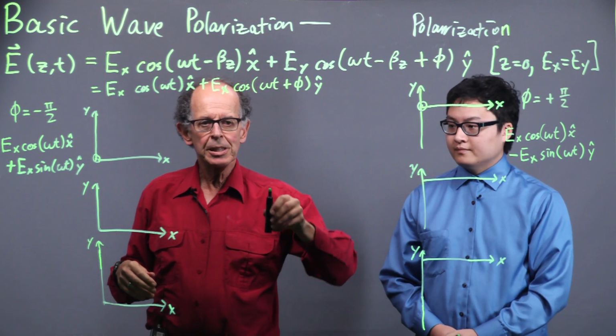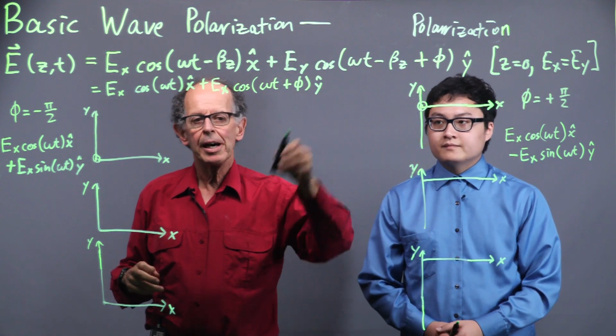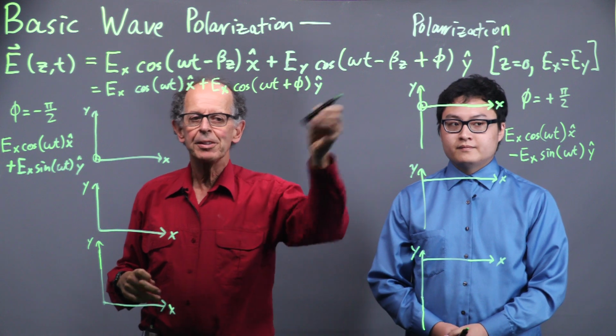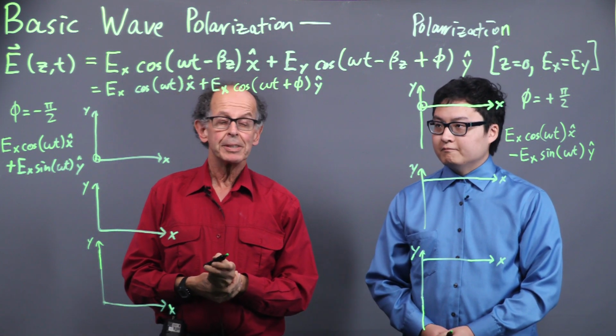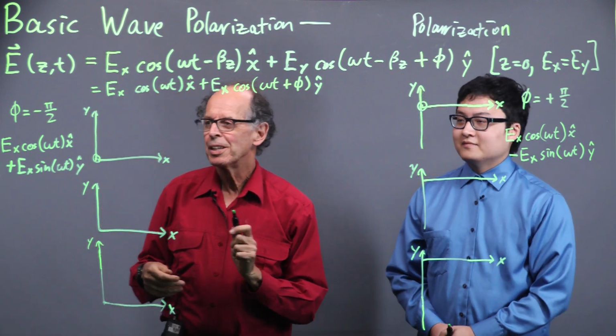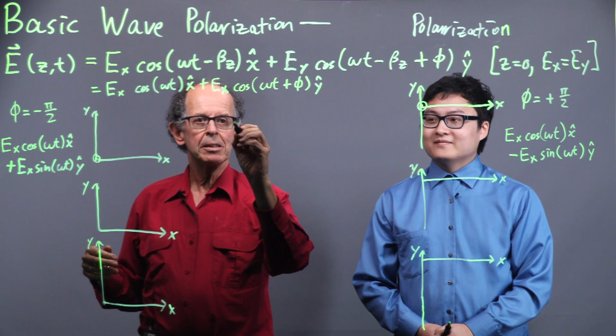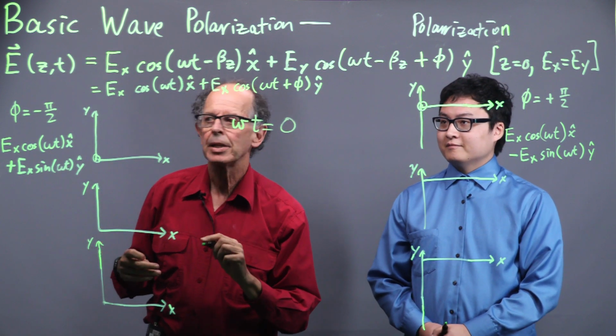Recall that for the linear polarization, the vibration traced out a line, maybe up and down or off to a side. And let's see what we get this time. We're going to get a line, an ellipse, a Klein bottle, who knows. Let's start. So omega t is equal to 0.